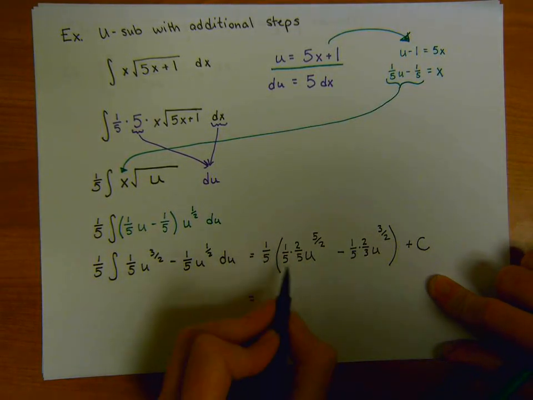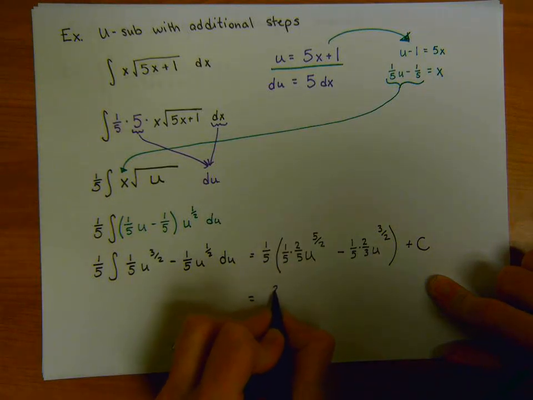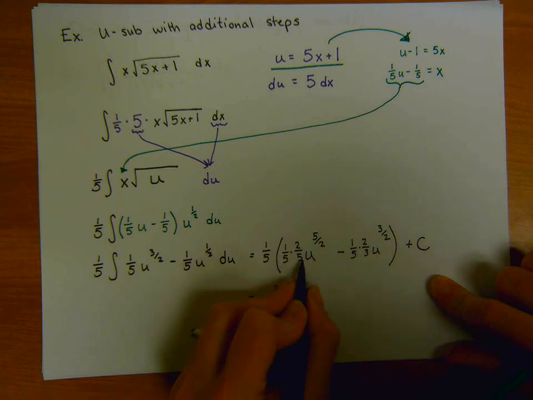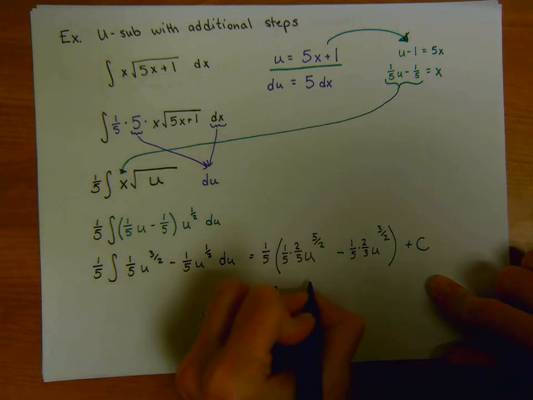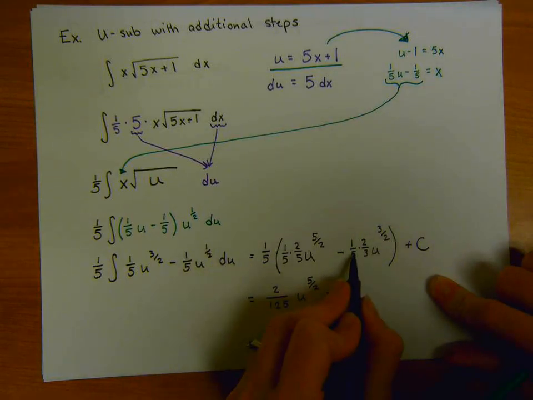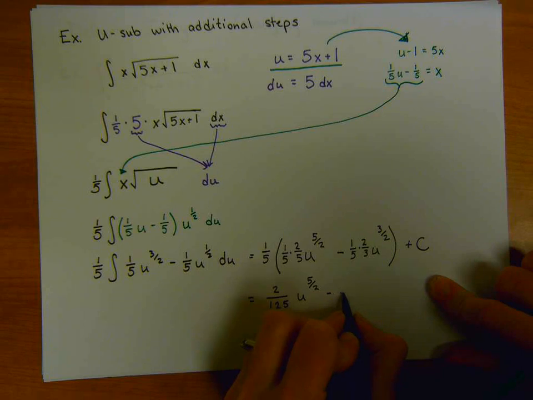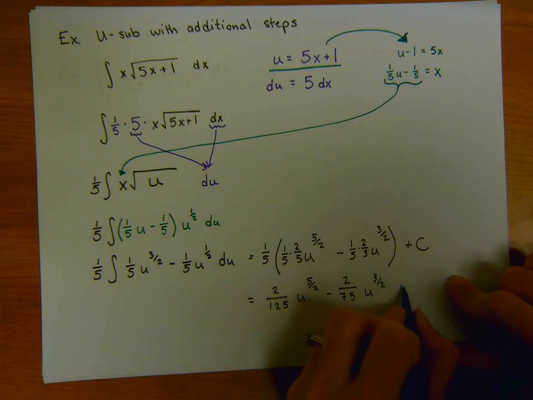And multiplying all of this out, I see that this becomes 5 times 5 is 25, so 2/25 u to the 5/2 minus 5 times 3 is 15, times 5 is 75, so 2/75 u to the 3/2 plus c.